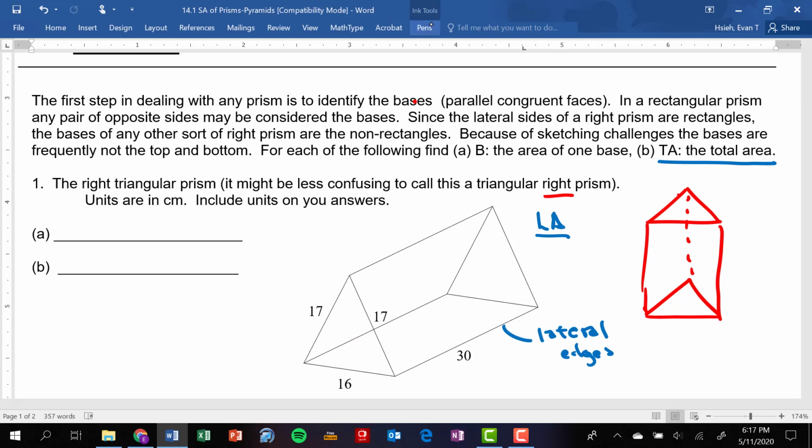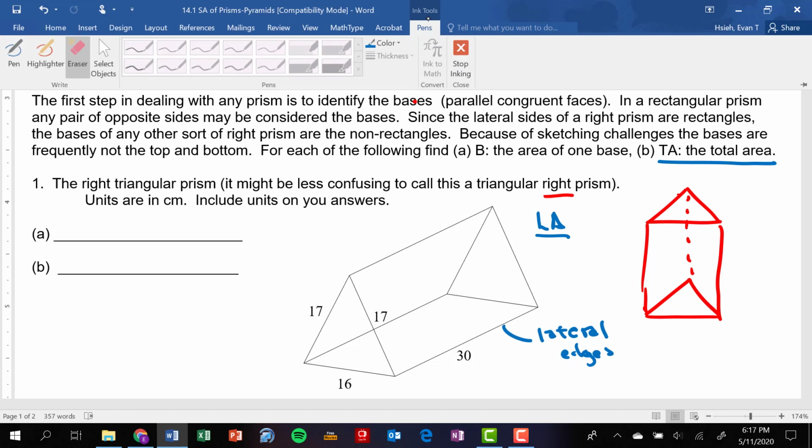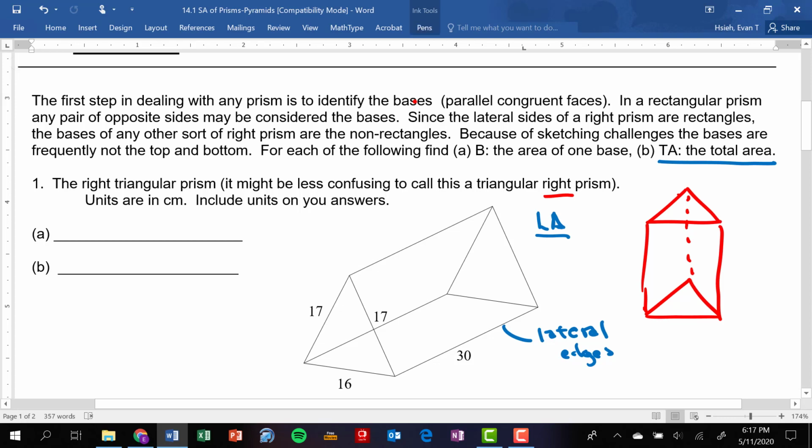So let's take a look and find the area of one of the bases first. To find the area of one of the bases, what I'll do is draw in an altitude. That splits this in half. This will be 8, which means this will be 15. And it's an 8, 15, 17 triangle.